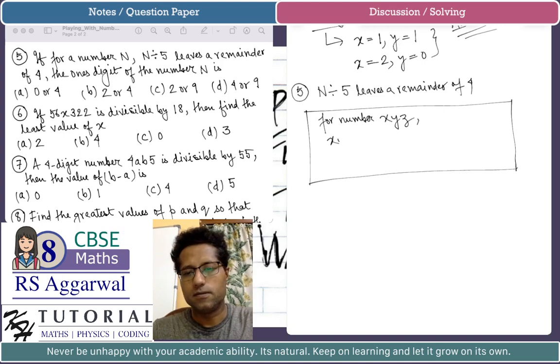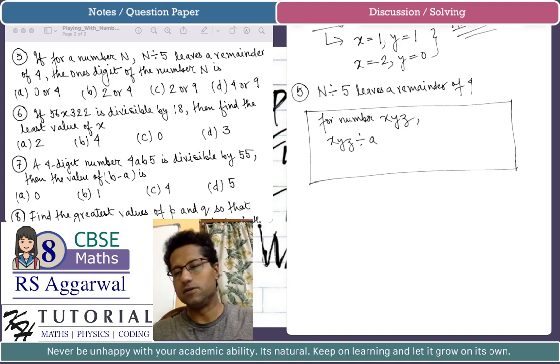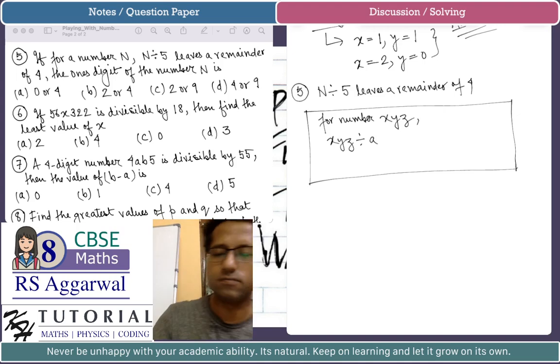x, y, z divided by a, where x, y, z are digits. They have values from 0 to 9.